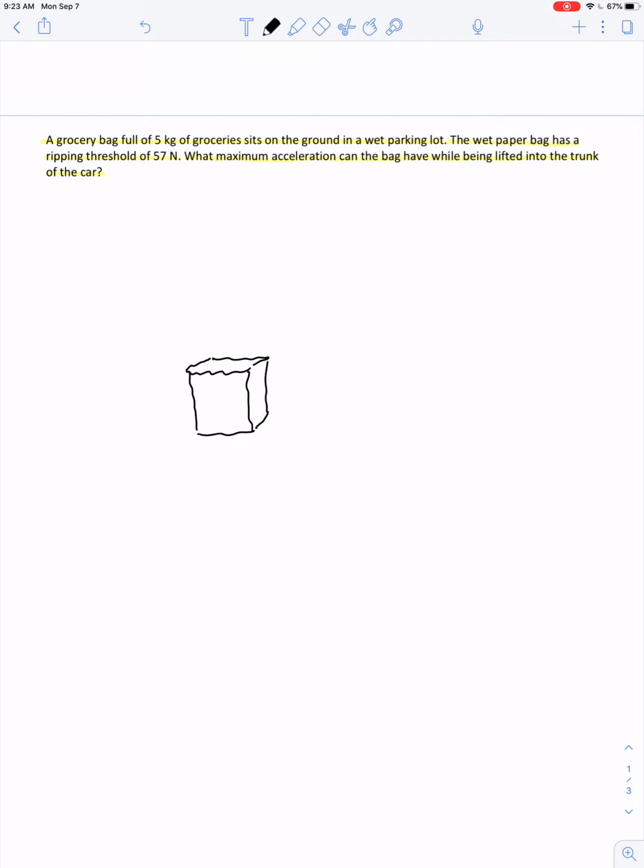Okay, here's our grocery bag with a couple handles on it. We're going to lift it. Inside you got some canned goods and fruits and vegetables and a block of cheese and a head of lettuce, whatever else. All the mass of that stuff is equal to 5 kilograms.